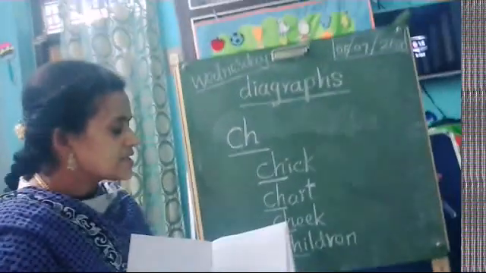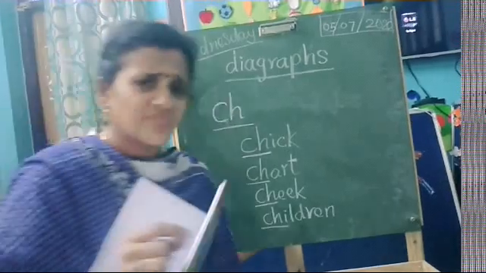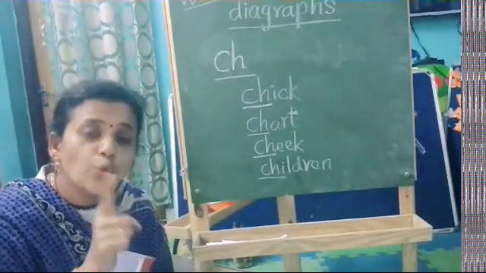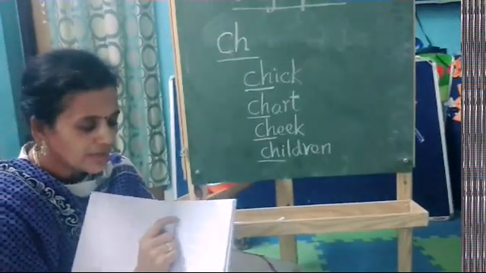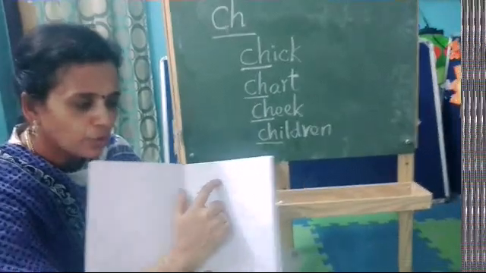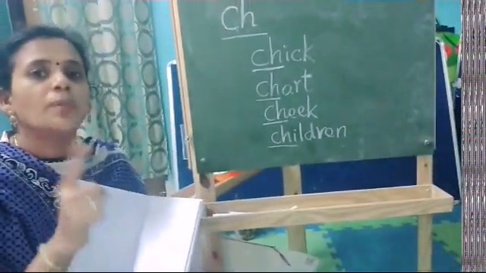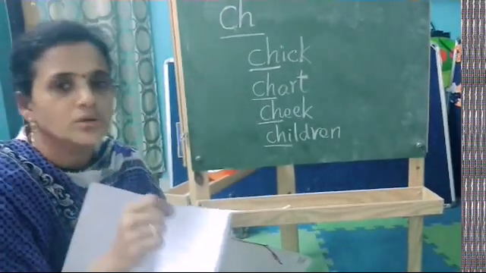Okay kids. Next, for the CH words, even the digraphs heading, kids, you should write in your note. In the 4 lines note itself, you should write the digraphs heading. Your mommy will say the spelling, and you should write it on your own.